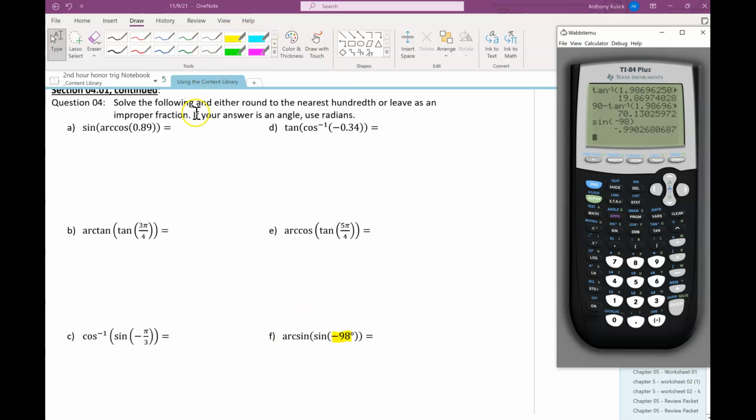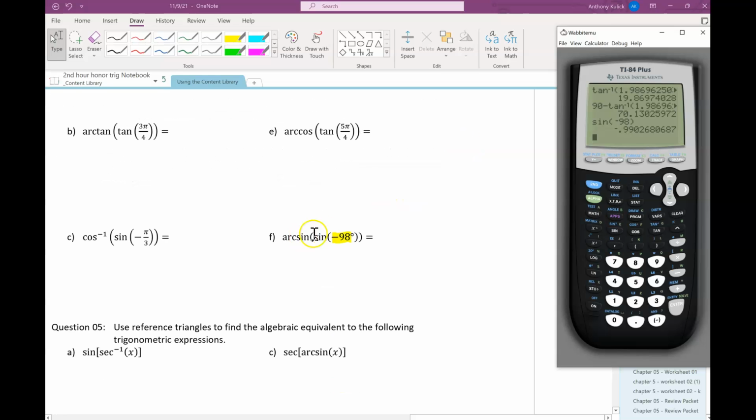The directions ask to use radians if I'm giving an angle measure, so I'm going to have to change my calculator back to radian mode now. And I'm going to do sine inverse of that answer, and I'm going to get negative 1.43.